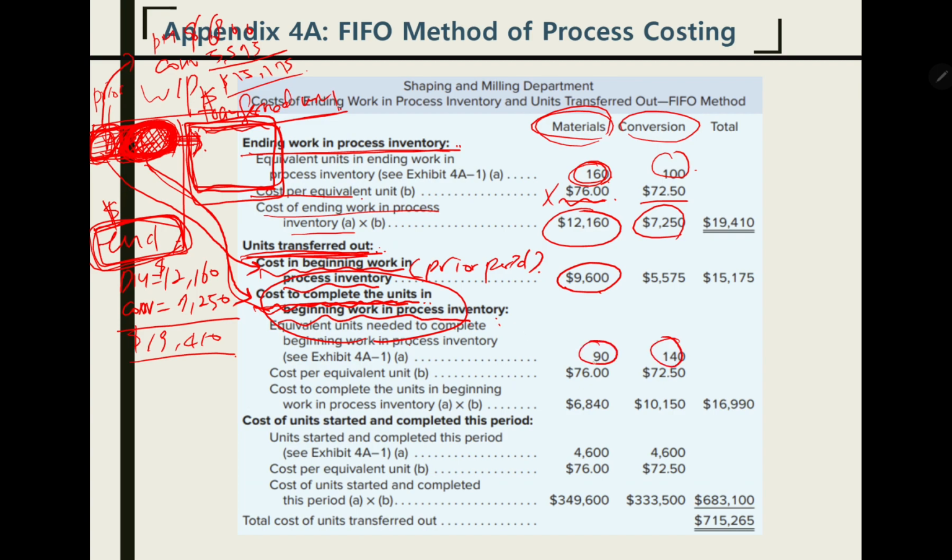The equivalent units we computed are 90 units for direct material and 140 for conversion, and we multiply with the cost per equivalent unit computed in the second step, and then the dollar value of this part is direct material 6,840 and conversion cost 10,150. So in total it is 16,990. All right.